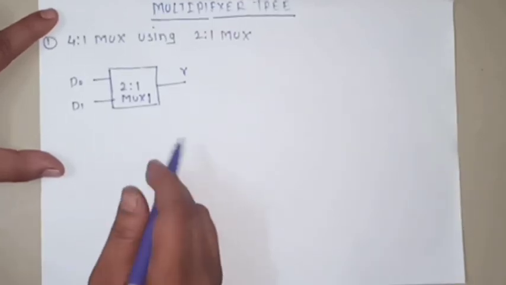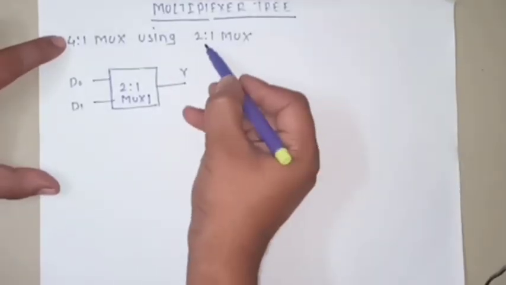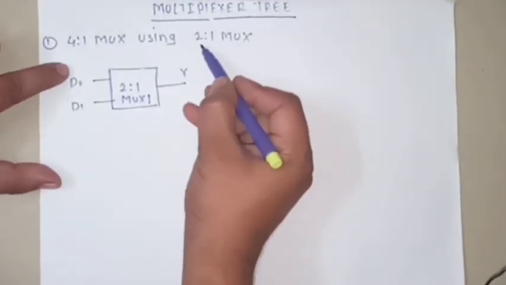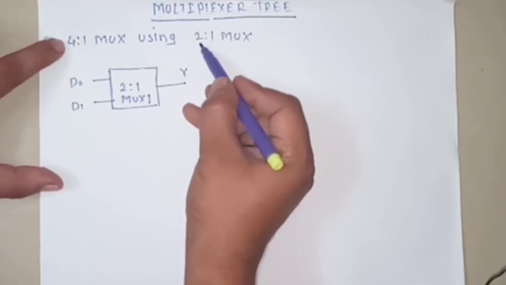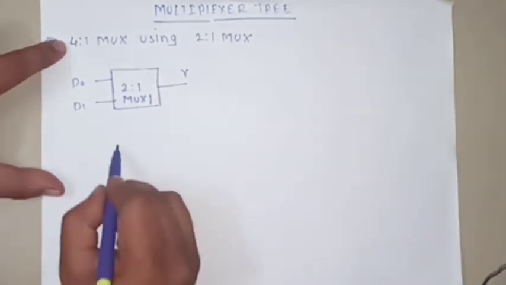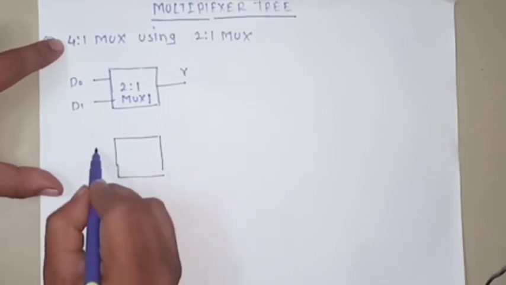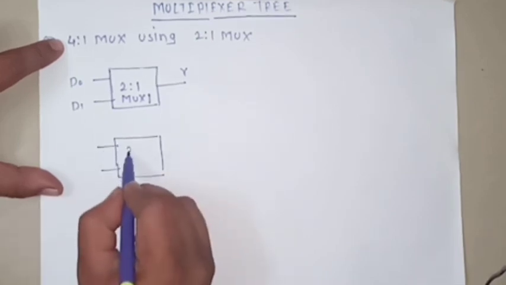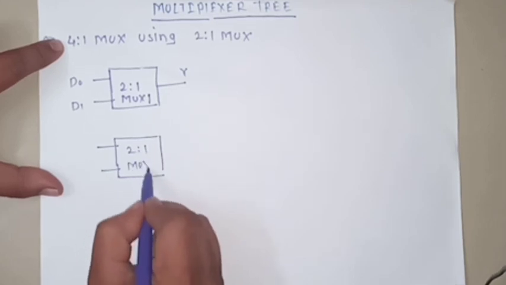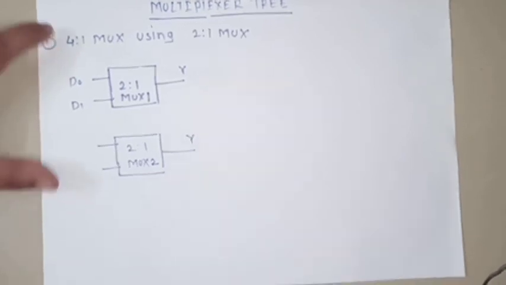Now for the 4:1 mux we will require 4 inputs, but we have to design it using 2:1 muxes, and a 2:1 mux has only 2 inputs. As we require 4 inputs, we take a second multiplexer, also 2:1, numbered mux 2.